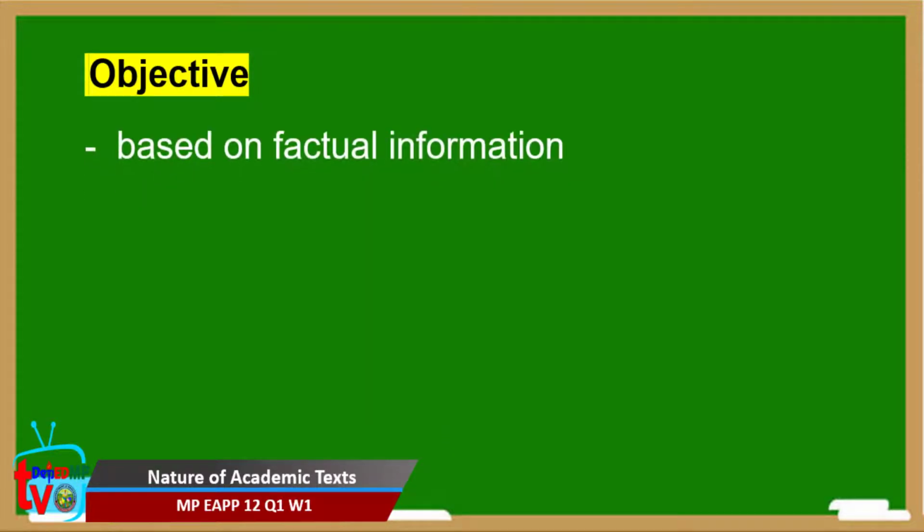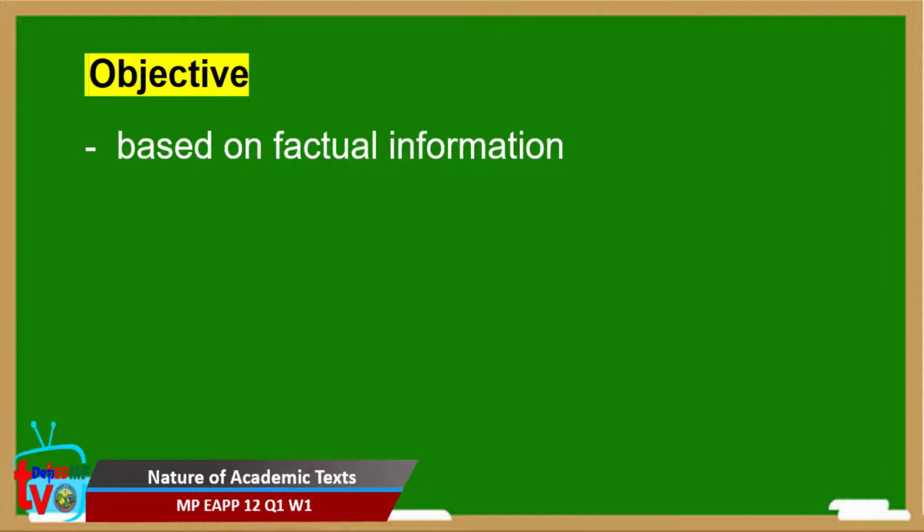Another feature of academic writing, aside from being formal, is being objective. We say objective because it is based on factual information and arguments. Written language is in general objective rather than personal.